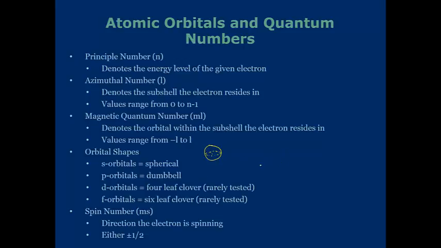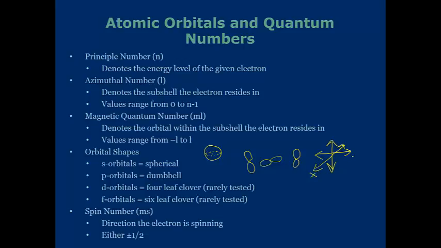P orbitals are dumbbell shaped, and there's 3 of them, based on the x, y, and z axis. So if I were to draw these out, they would look something like that. And if I were to put a comparison out, in 3-dimensional space, these would each correspond with one of the axes.